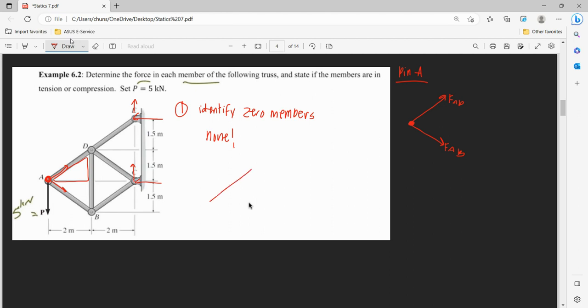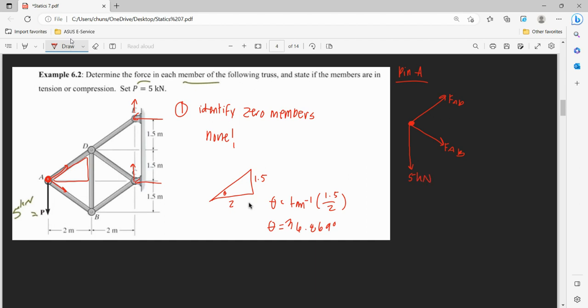This triangle has a height of 1.5 and a length of 2. So we take inverse tan of our opposite over our adjacent, 1.5 divided by 2, and this is 36.869 degrees. We also have this external load of P, which is equal to 5 kilonewtons.